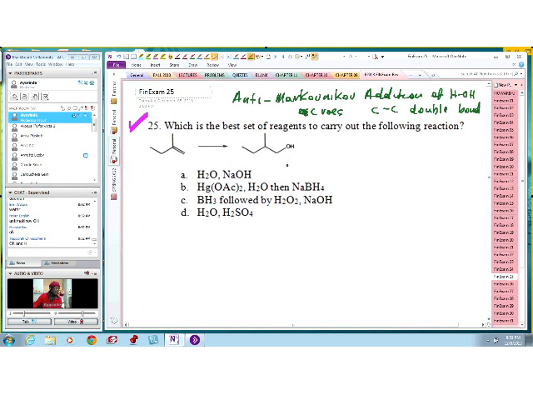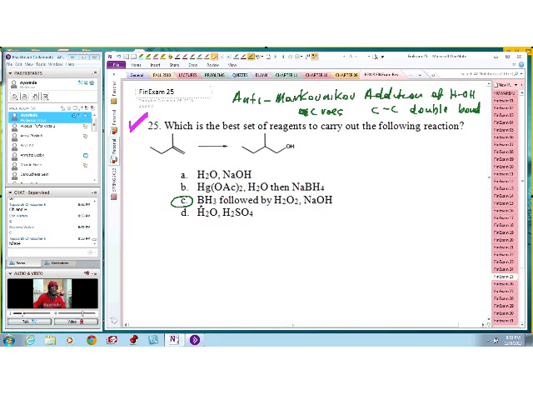Okay, so what will be the reagent that does that? Which of these reagents will do that? C. Very good. So this is a case of knowing your reagents, folks.